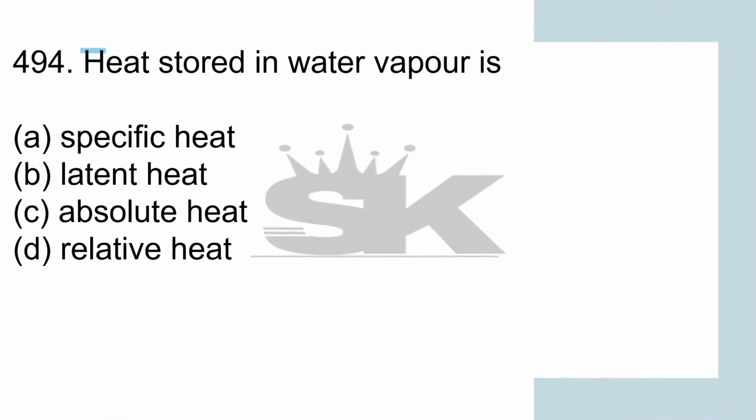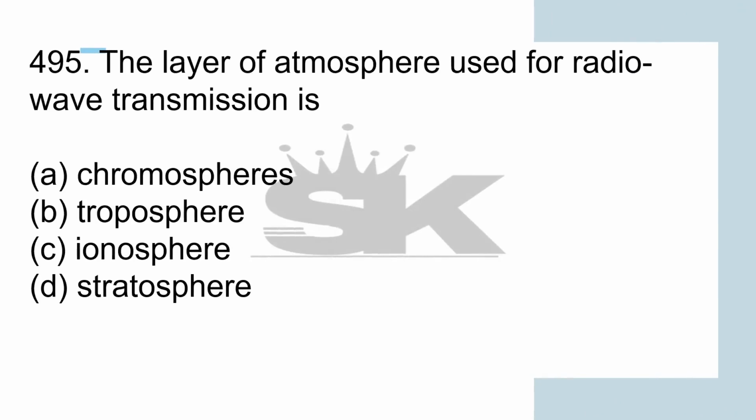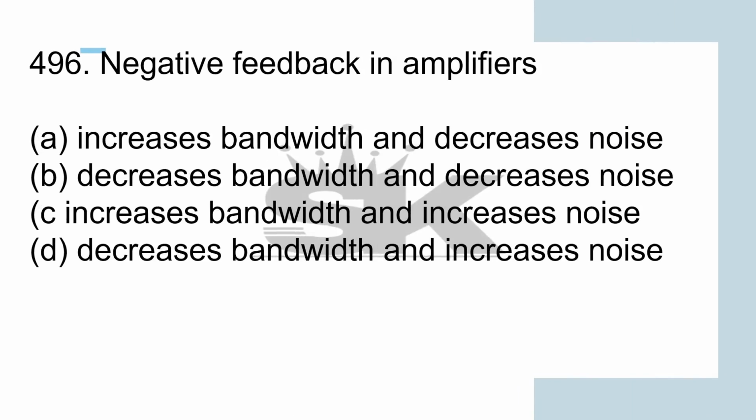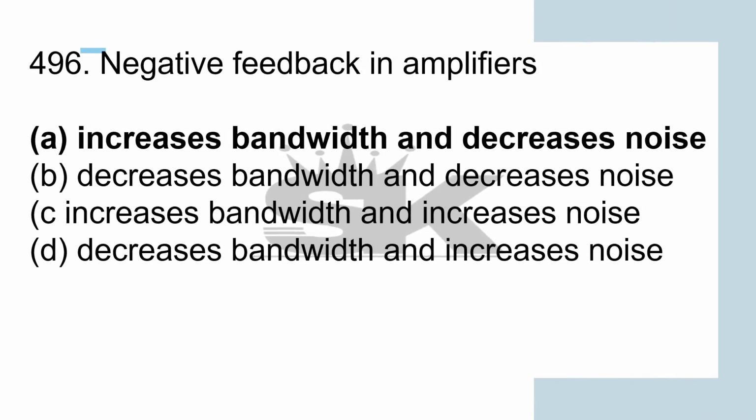Heat stored in water vapor is latent heat. The layer of atmosphere used for radio wave transmission is the ionosphere. Negative feedback in amplifiers increases bandwidth and decreases noise.